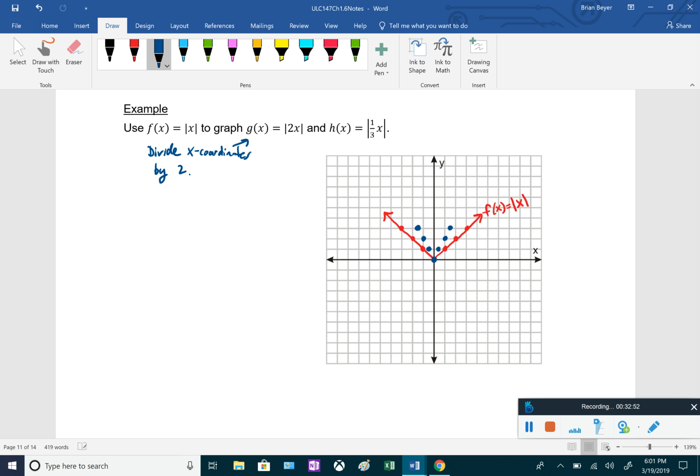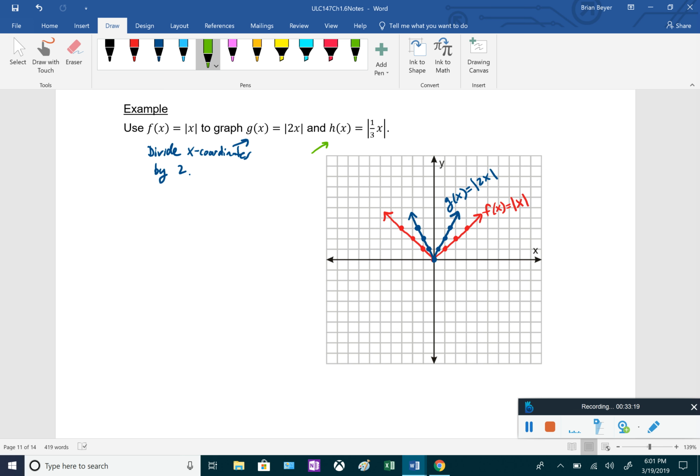So all we did was divide each x coordinate by 2, and the y coordinate stayed the same. So this is going to be g of x, which was absolute value of 2x. Okay, and that's a horizontal shrink. We can see that it got squished in horizontally.